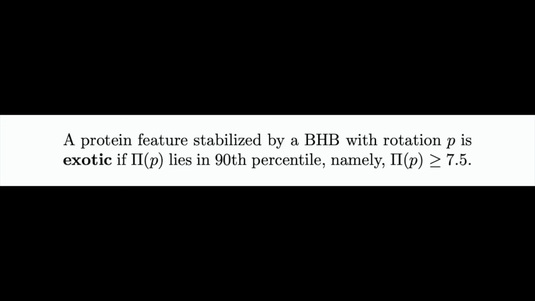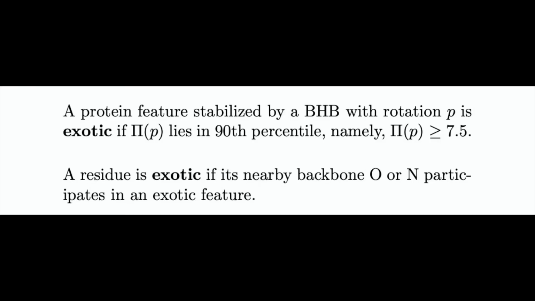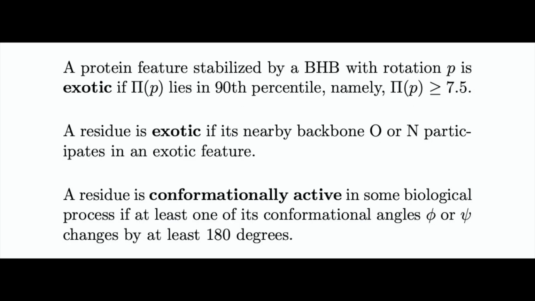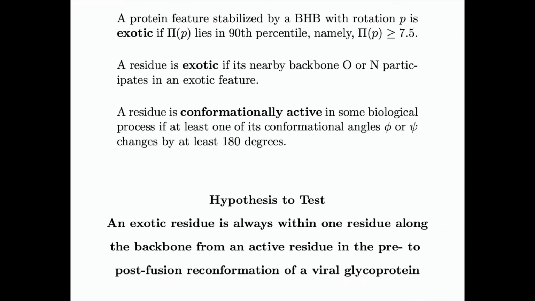More precisely, first of all, recall that a protein feature is exotic if the BHB stabilizing it lies in the 90th percentile of pi values. And furthermore, say that a residue itself is exotic if at least one of its adjacent backbone oxygen or nitrogen atoms participates in an exotic feature. And finally, say that a residue is conformationally active if at least one of its conformational angles changes by at least 180 degrees.